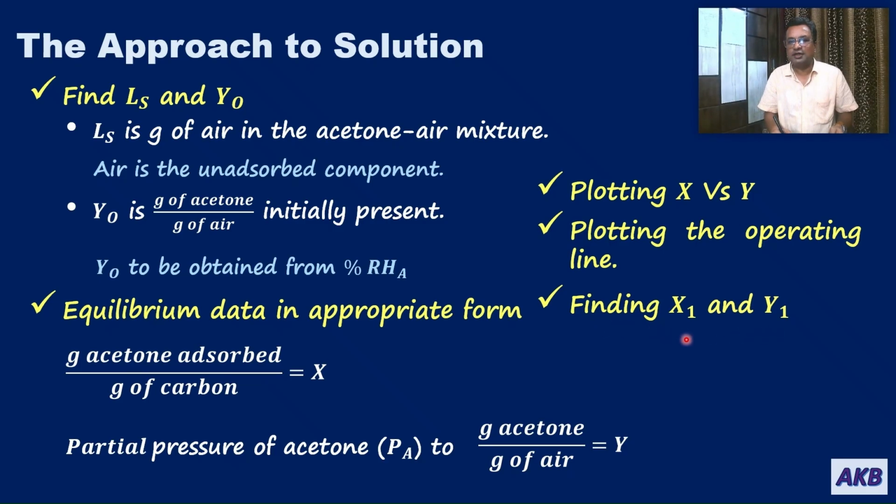These values we are going to use to get the final total pressure in the flask and also the final vapor composition in the flask. I hope the steps that we are going to follow to solve this numerical are clear to you. If you have any doubts, please mention them in the comment section. Let us move ahead.